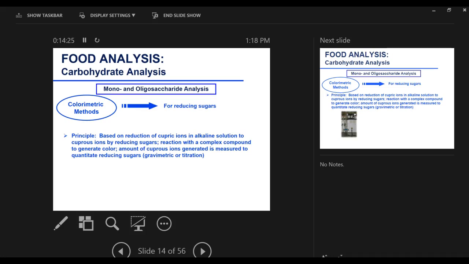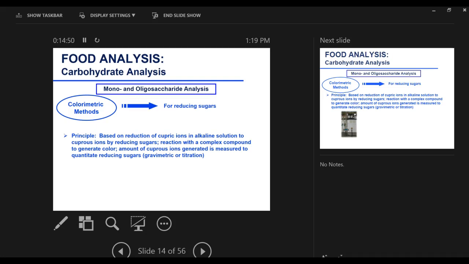Okay, so now you extracted your small sugars, and now we want to analyze them. The first category is your colorimetric methods. Mostly the colorimetric methods are used for reducing sugars. These methods are based on the reducing capability of these sugars, and your reagents have cupric ion in an alkaline solution.